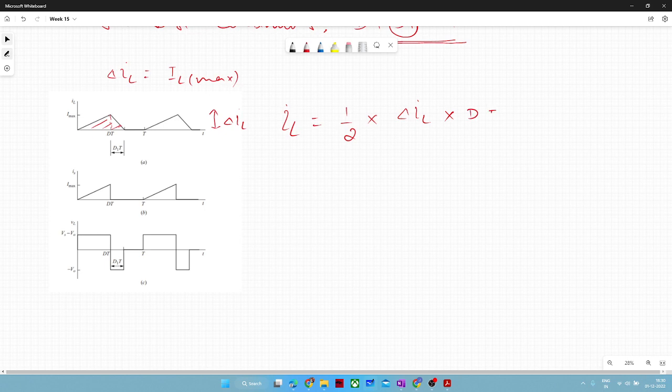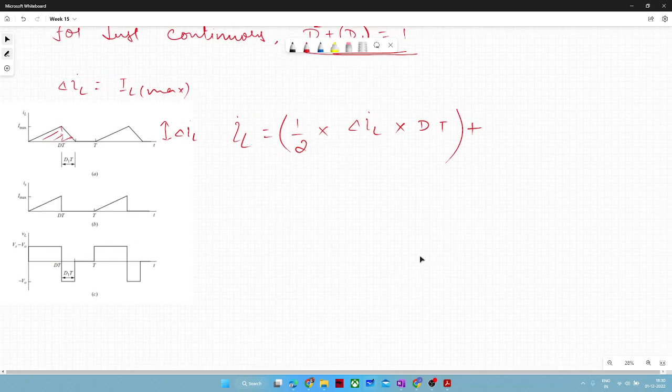Into dt, plus half for this next one, half into del IL into d1 t, and we can divide the entire by t. This is how you calculate area, right?